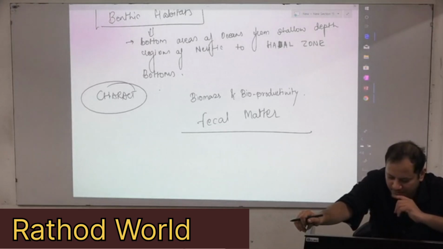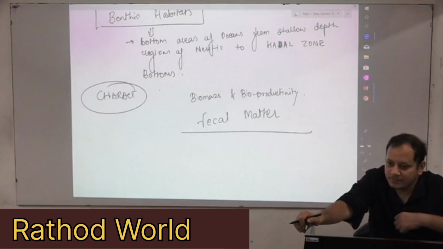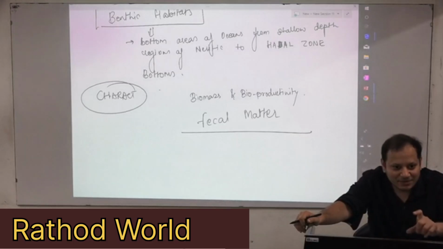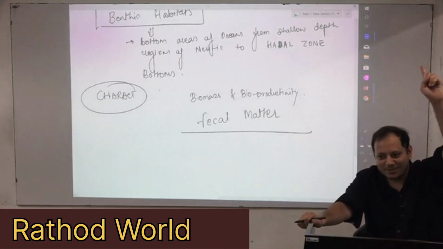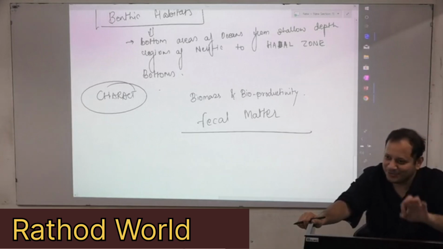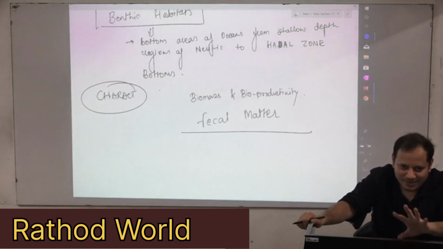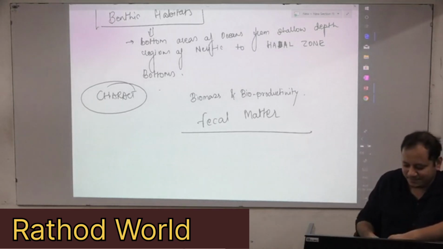In the form of detritus and the fecal matter. Even the fecal matter of the organisms which are at the top is the food for the organisms of the benthic community.